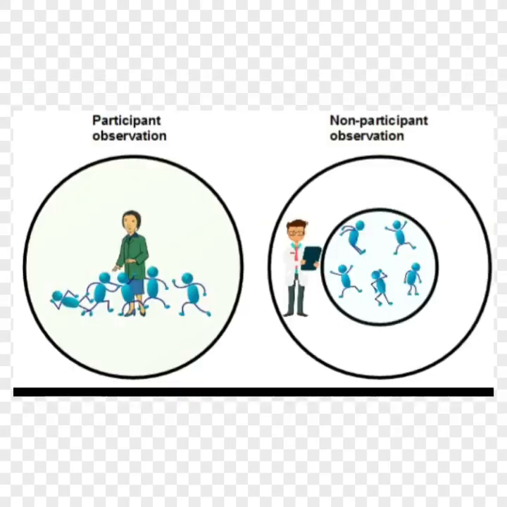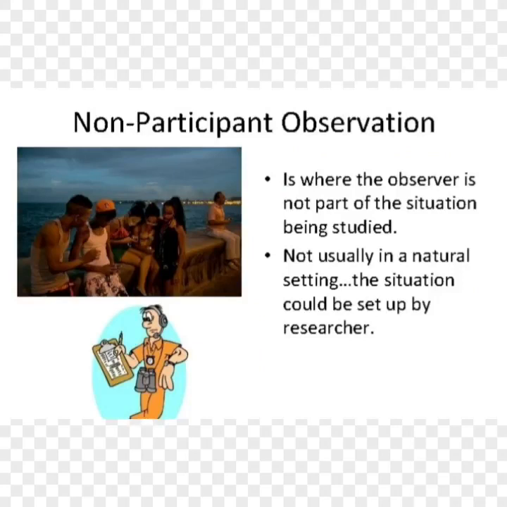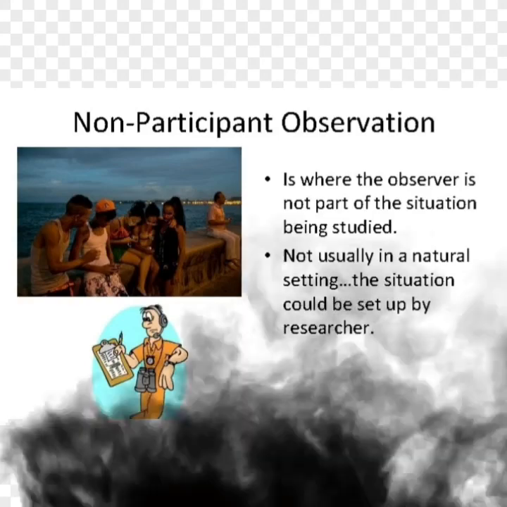The next is participant observation and non-participant observation. In participant observation, the observer takes part in the situation being studied while carrying out the research, while in non-participant observation the observer is not part of the situation being studied.